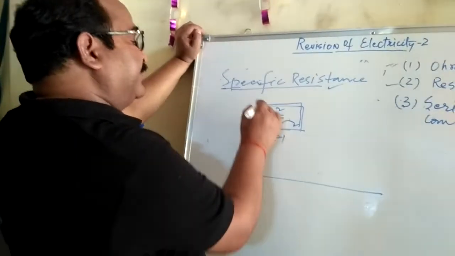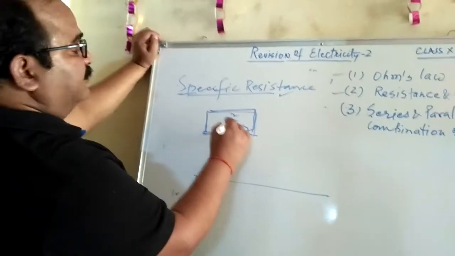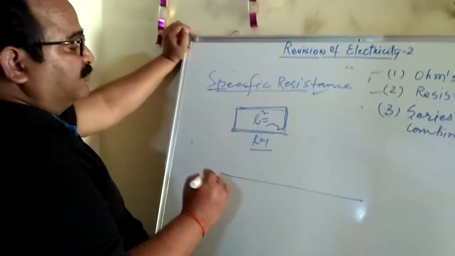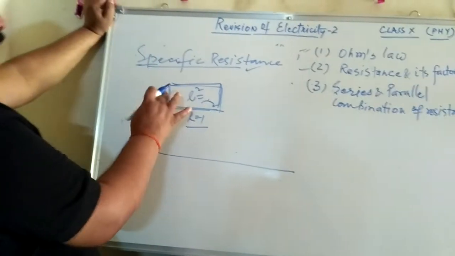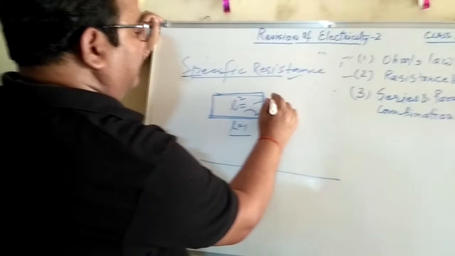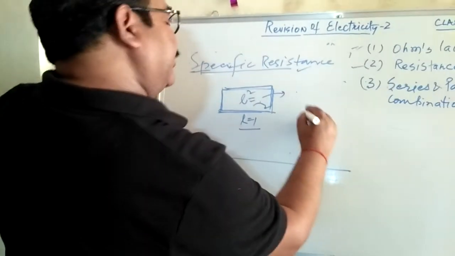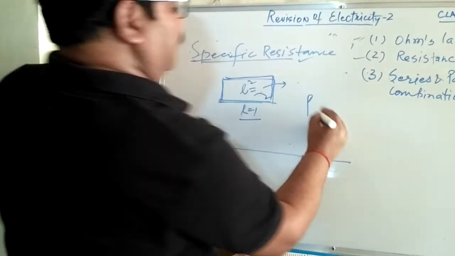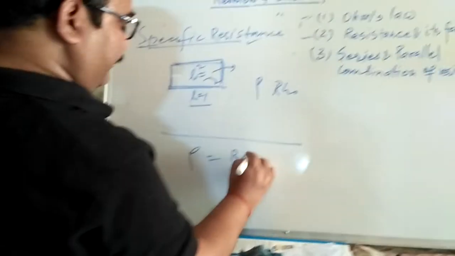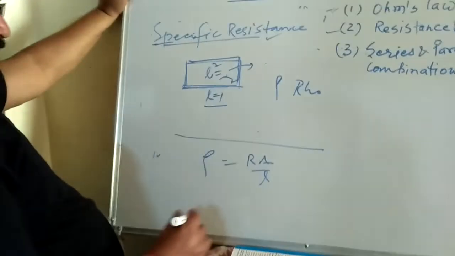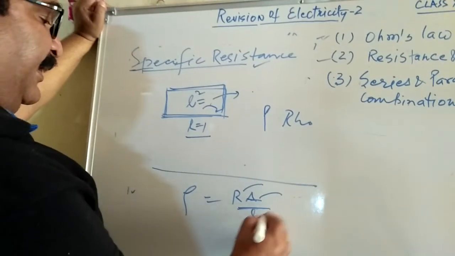But when we take a particular conductor whose area is unit square and whose length is unit, the resistance of that conductor is called specific resistance, and it is denoted by rho. The formula is rho is equal to RA by L, where R is the resistance, A is the cross-sectional area, and L is the length of the wire.